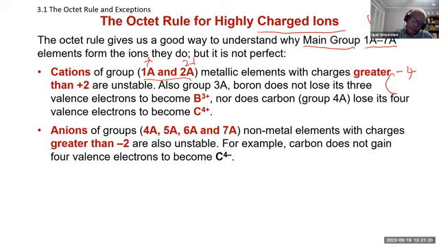Anions also, like I talked about, it's easy to gain 1 or 2 electrons, but to gain more than 2 electrons, like carbon -4, or carbon +4, losing electrons, are difficult.